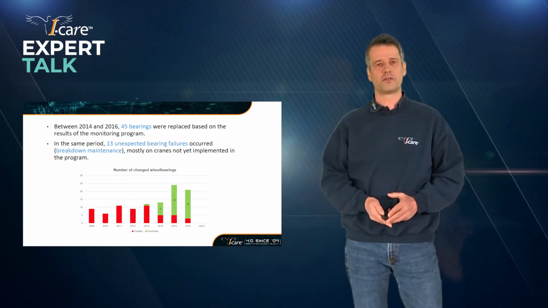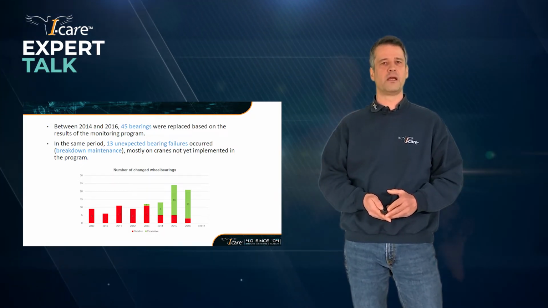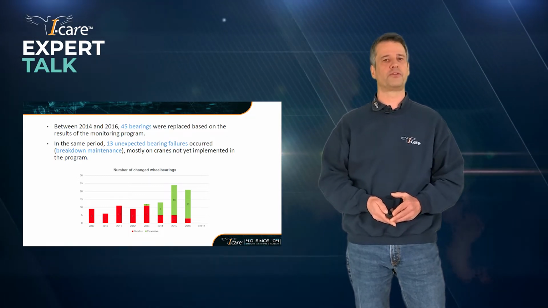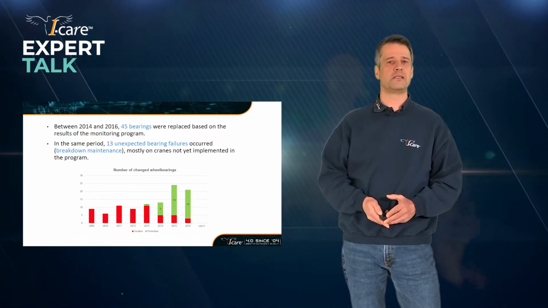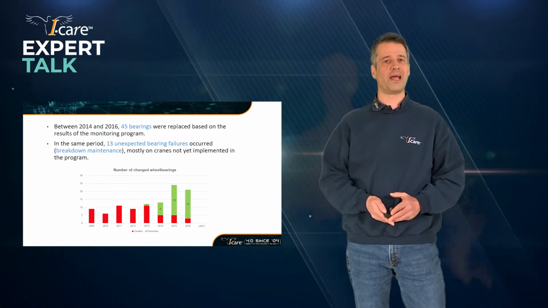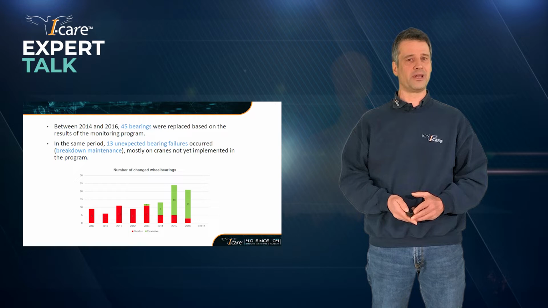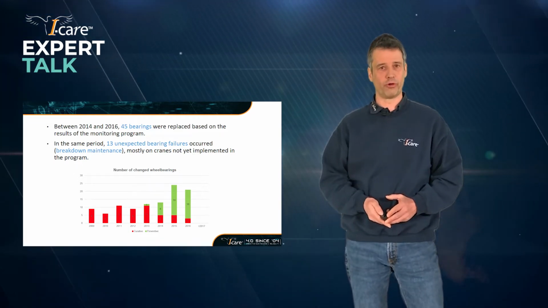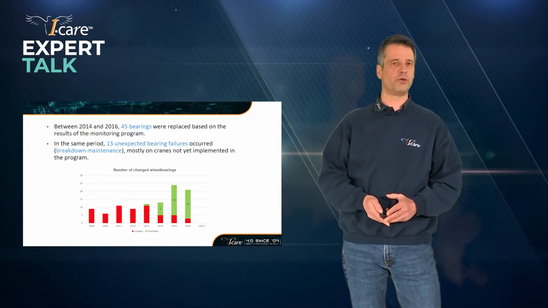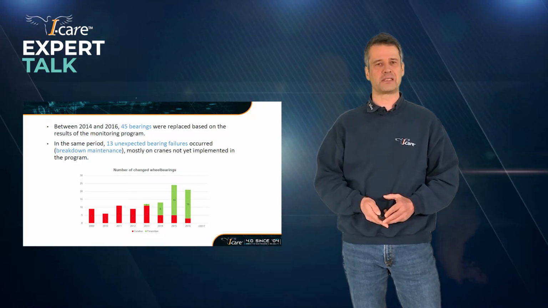In red, it is indicated how many bearings failed unexpectedly over the period 2009 to 2016. The bearings in green are the ones where we recommended to replace a bearing before it crashed. In total, 45 bearings were replaced between 2014 and 2016.